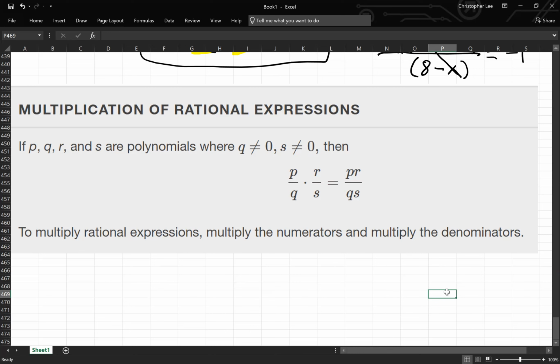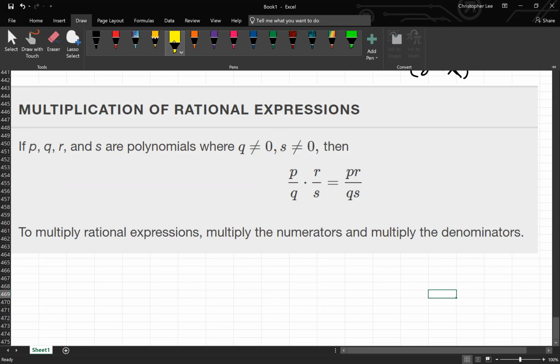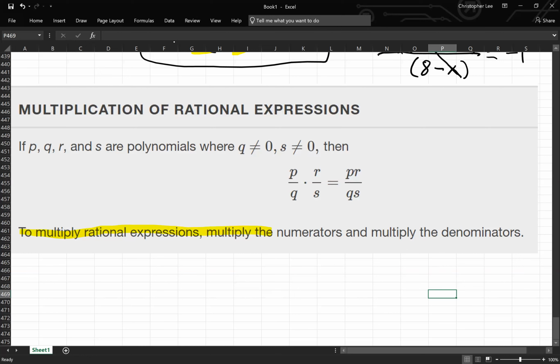If P, Q, R, and S are polynomials where Q cannot equal 0 and S cannot equal 0, then P divided by Q times R divided by S is equal to P times R over Q times S. So to multiply rational expressions, we multiply the numerators and we multiply the denominators, right? This is the exact same way that we multiply fractions. Nothing's changing here. Straight across, right?